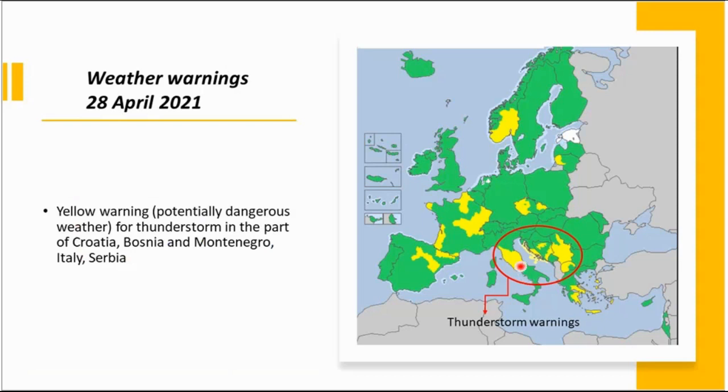So in this part of Italy, in Dalmatia, the coastal part of Croatia, in Bosnia, and in Serbia, it gives a yellow warning: not too strong thunderstorms, but maybe intense thundershowers that can potentially be dangerous. So according to this synoptic pattern and also some mesoscale analysis, we can give a very nice forecast and probability of thundershowers across Europe.